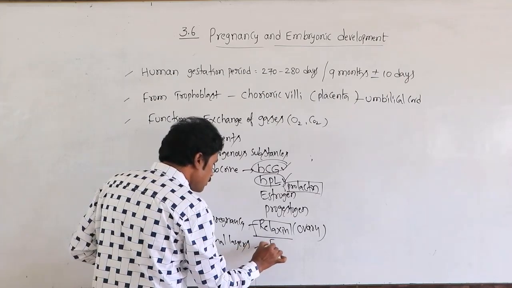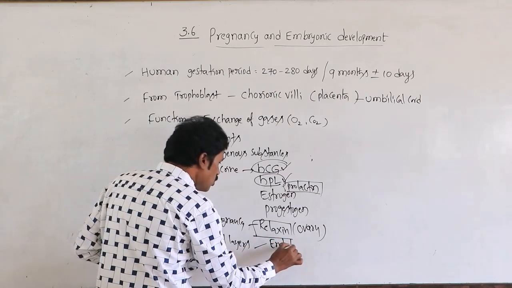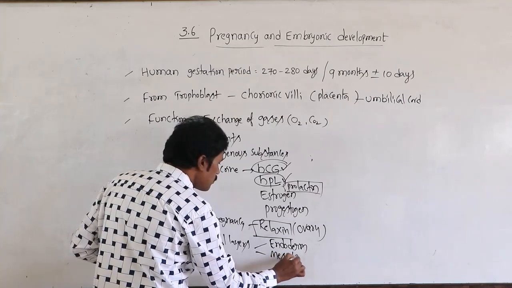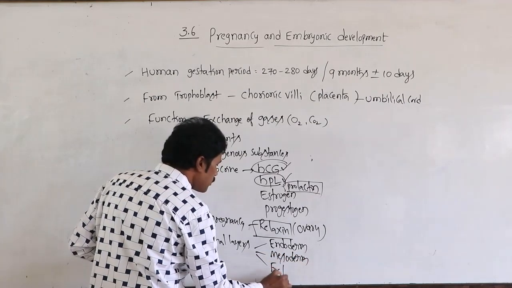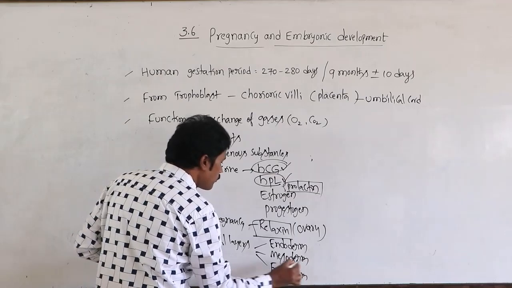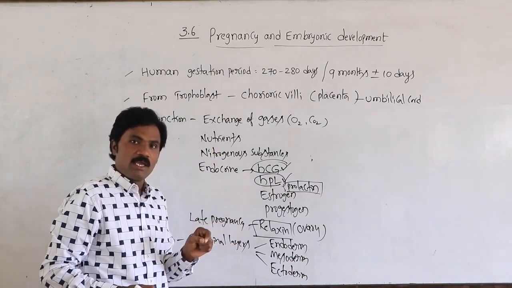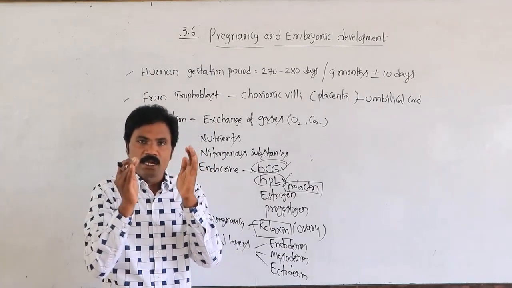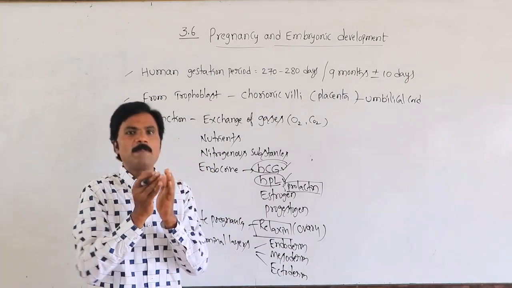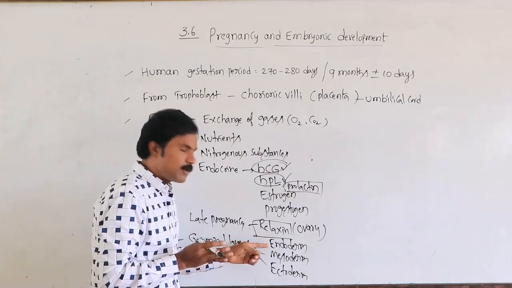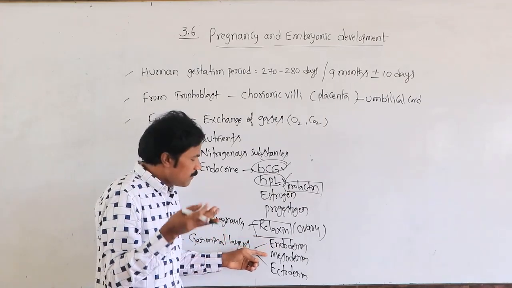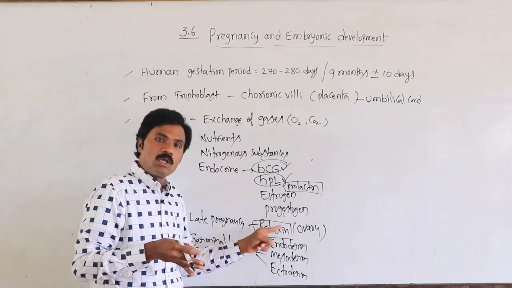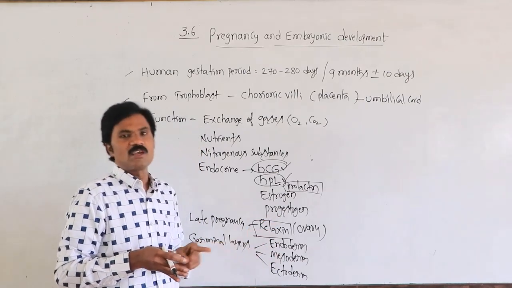That means endoderm, mesoderm and ectoderm. The first germinal layer which develops from the embryonic knob is the endoderm. Later it forms the mesoderm, and later the ectoderm. So all three germinal layers are formed.